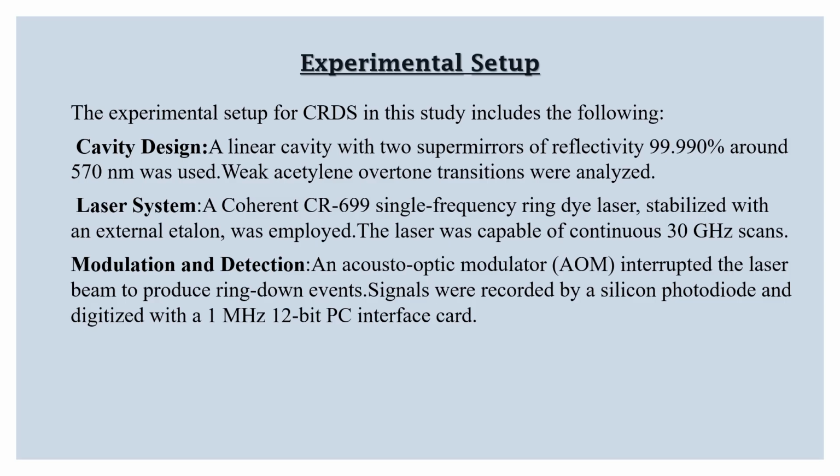The laser was capable of continuous 30 GHz scans. Third, modulation and detection. An acousto-optic modulator, AOM, interrupted the laser beam to produce ring down events. Signals were recorded by a silicon photodiode and digitized with a 1 MHz 12-bit PC interface card.